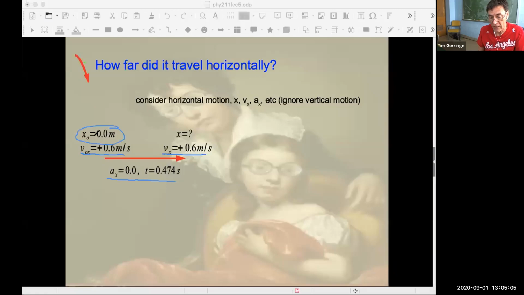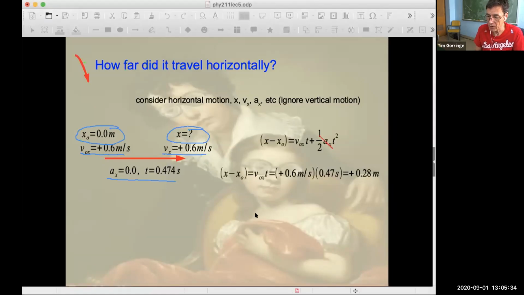So that's my initial position. And we're going to find out what the final position is, how far we went. And so again, this is a problem of applying the equations of motion for constant acceleration motion. Zero acceleration is a special case of constant acceleration motion. And we're going to apply those equations of motion to solve for this distance traveled, this displacement. So let's do that.